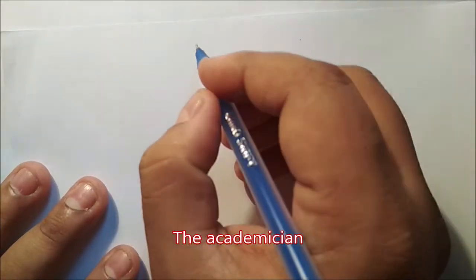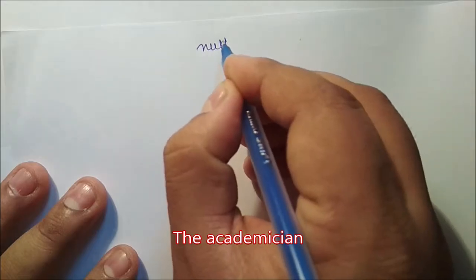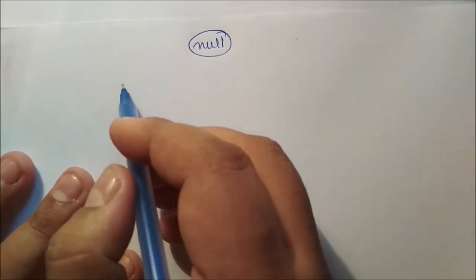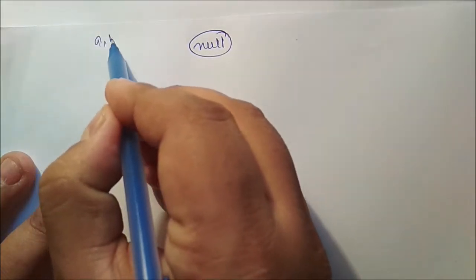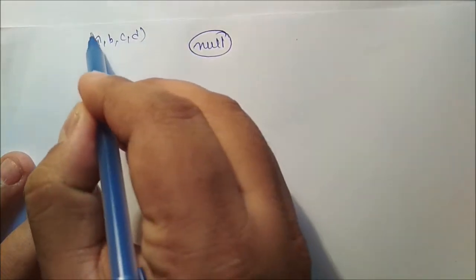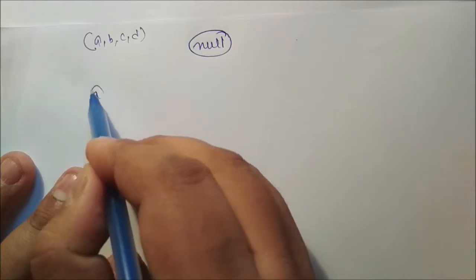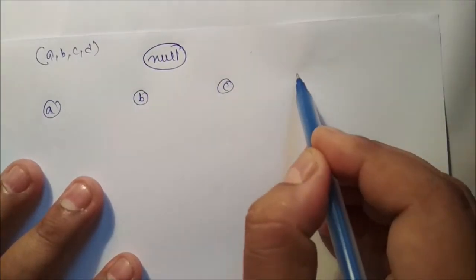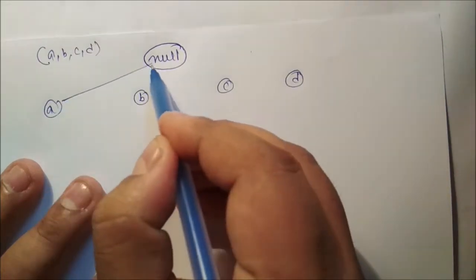Starting with null, that means nothing is there initially, and suppose four items are there, say A, B, C, D. We can create a tree for the single item sets first.